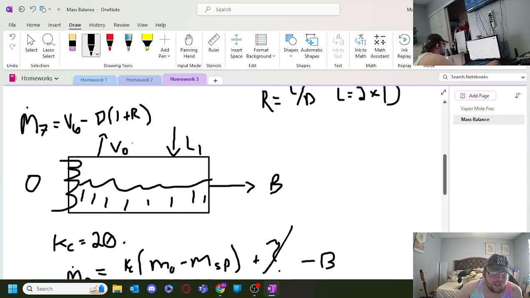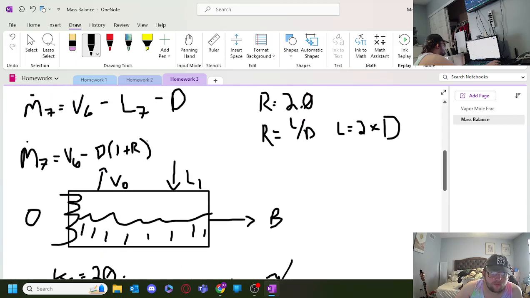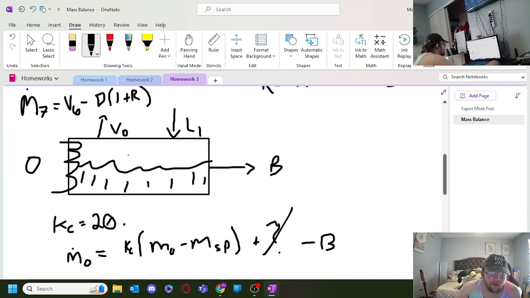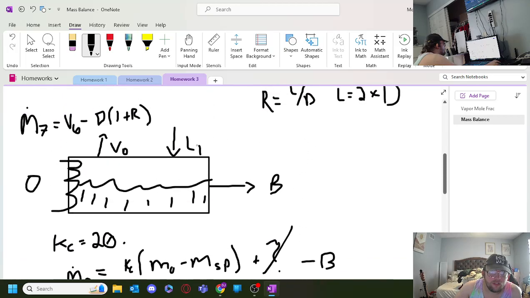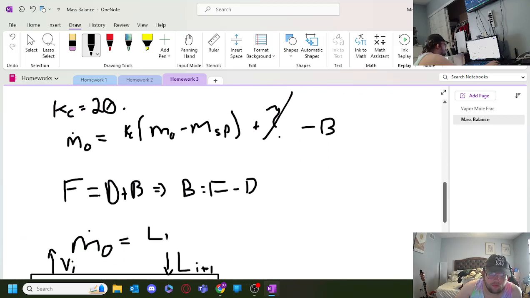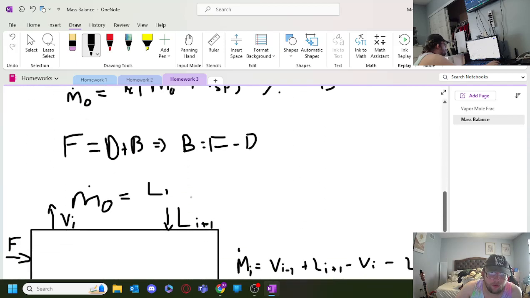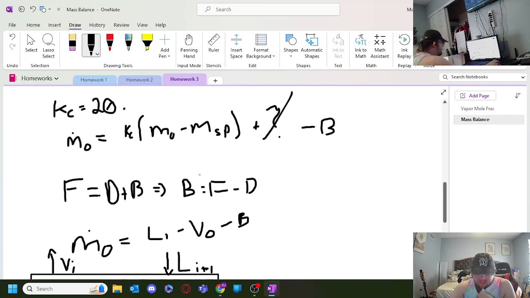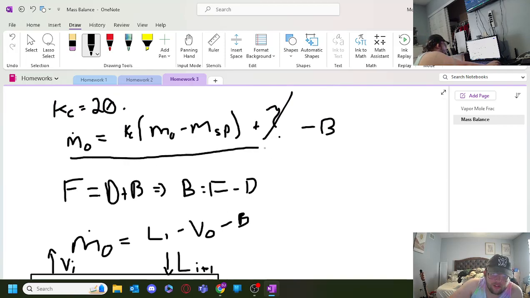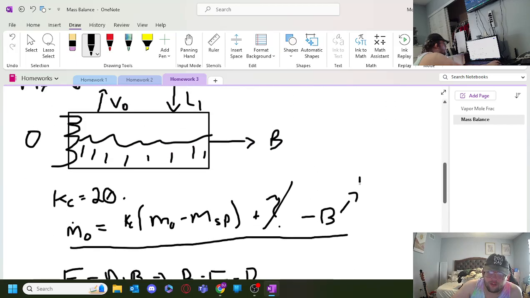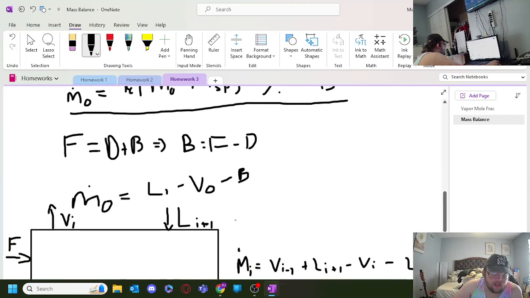So for our stage 0, the moles right here is equal to L1 minus Z0 minus bottoms. So what I was solving up here was I made a little bit of an oopsie, and this will get into when we start calculating our liquid vapor flows. So ignore that for now.